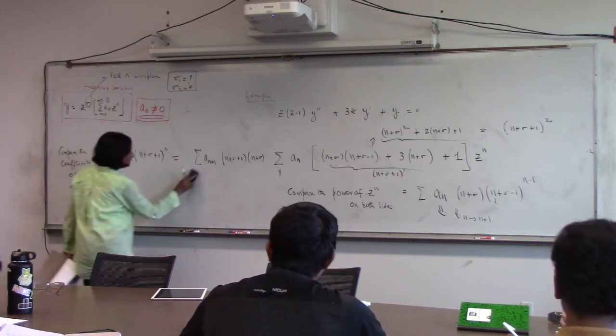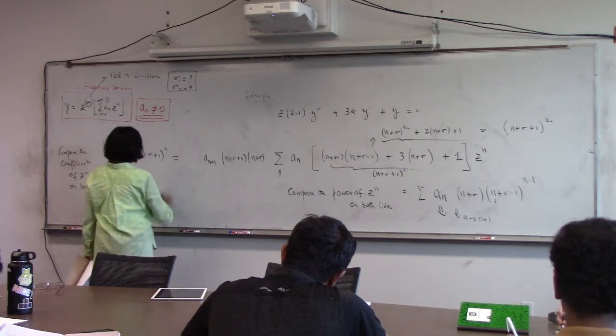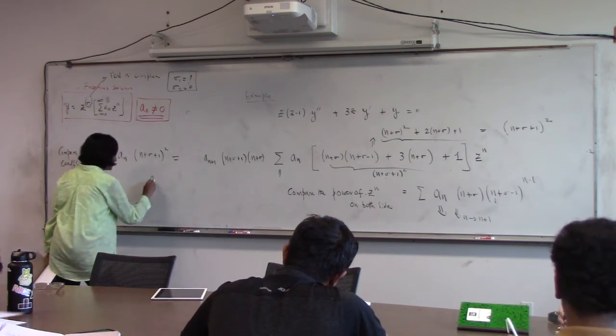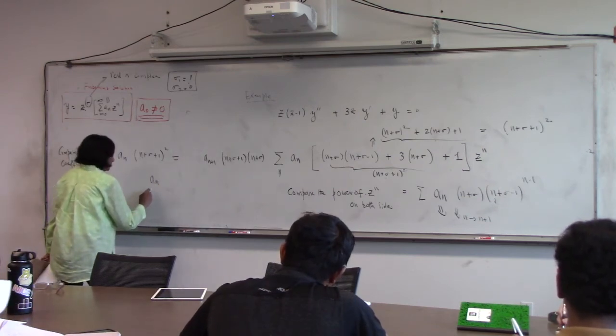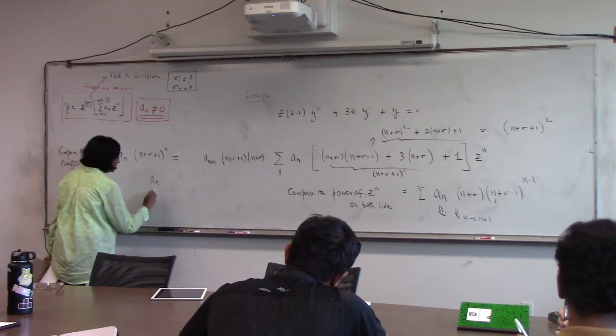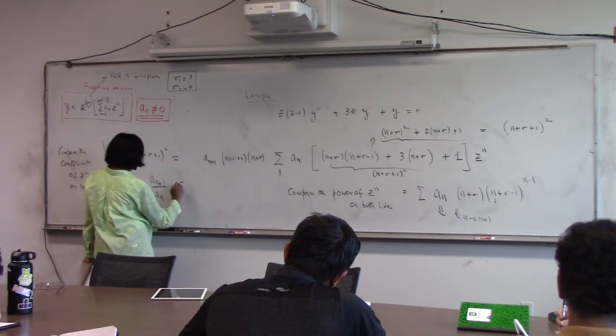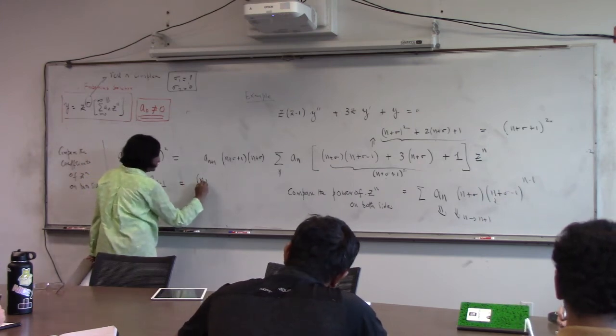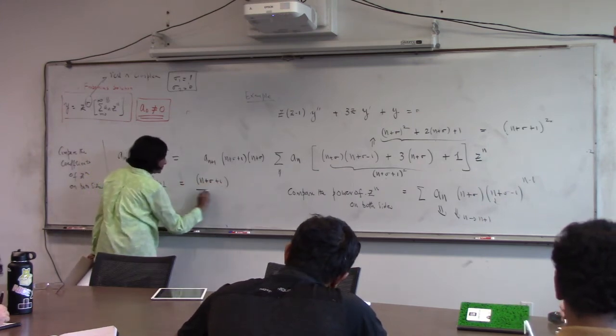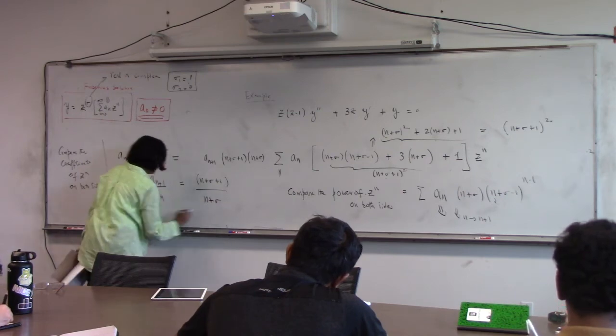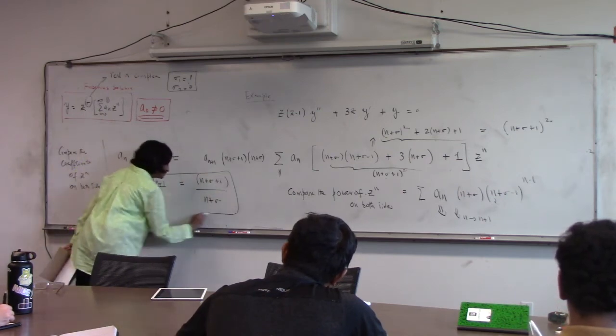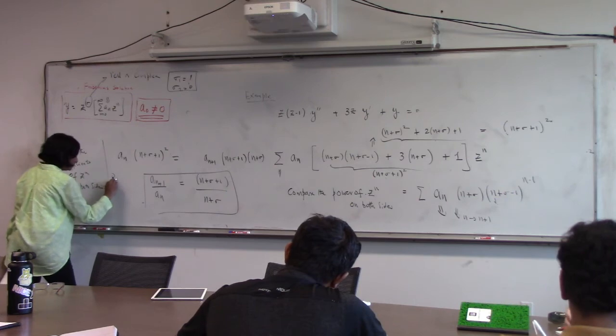There's no summation. I'm just looking at one term, right? So now we have a very nice expression. Let's say a_(n plus 1) over a_n is nothing but n plus sigma plus 1 divided by n plus sigma. So this is the recursion relationship I had.